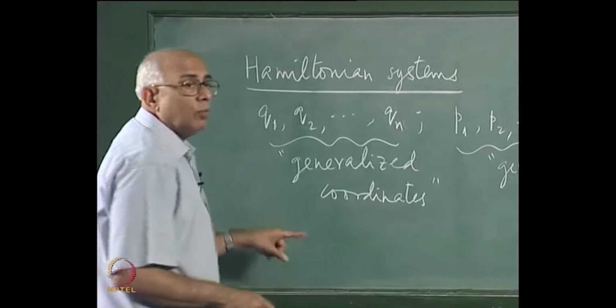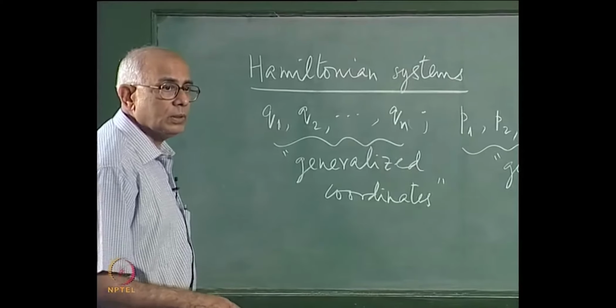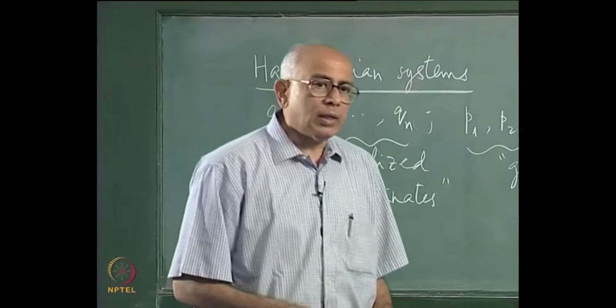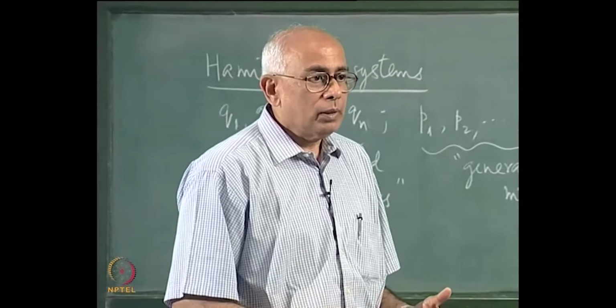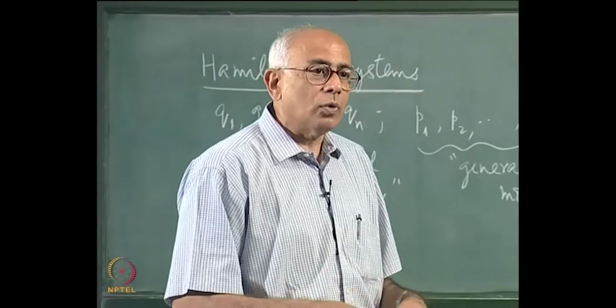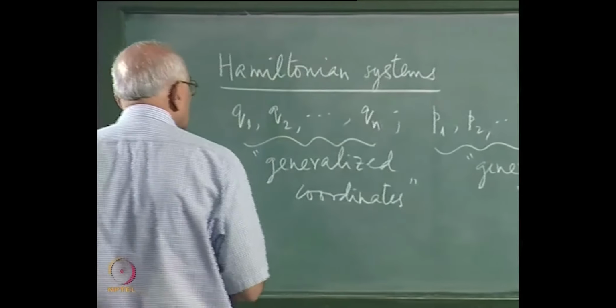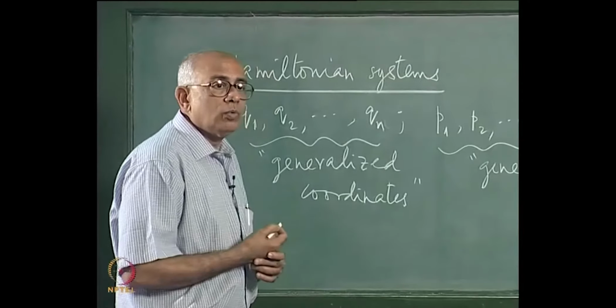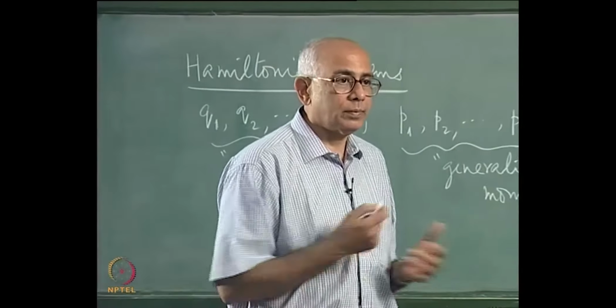The equations of motion are of particular interest. They are called Hamilton's equations of motion, and the most common occurrence of Hamiltonian systems is a set of particles moving, for example, under the influence of conservative forces which they exert on each other, or a set of particles moving under the influence of some conservative external force, or both.